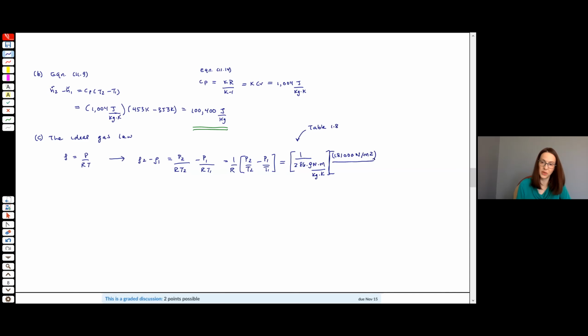So we're converting from kilopascals to pascals because that's the SI unit, over 453 K, minus 301,000 pascals over 353 K. And this gives us minus 1.58 kilograms per meter cubed. All right, so this is kind of interesting. We get a negative change in density as we go from section 1 to 2. So what does that mean physically?